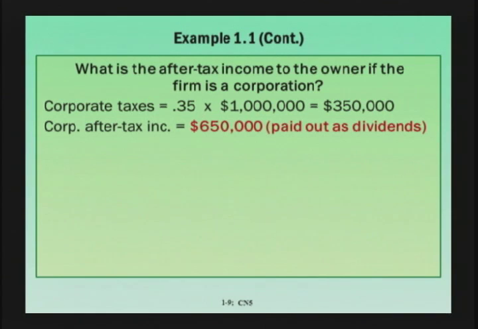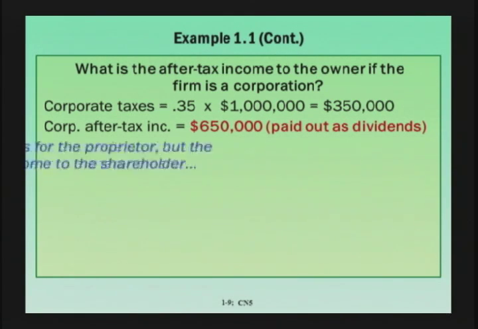But the goal is not to leave the $650,000 inside the corporation. Ultimately, the goal is for those earnings to be received by the owners, the shareholders. So we'll assume the entire $650,000 is paid out to those shareholders as dividends. And we'll assume, and this is not currently true, that those dividends are fully taxable.